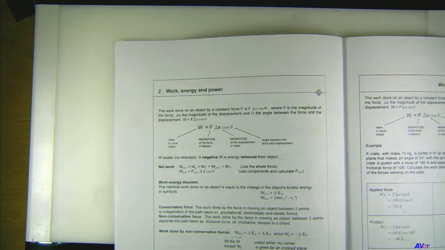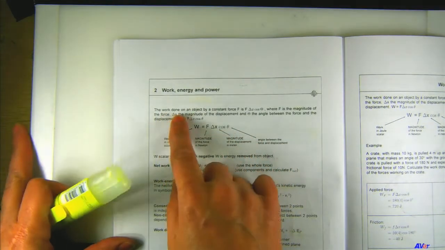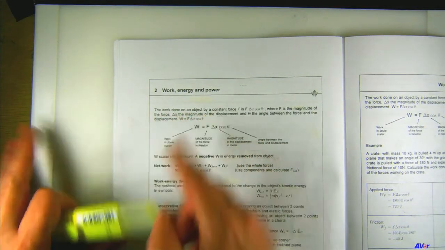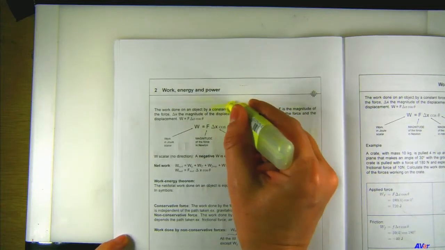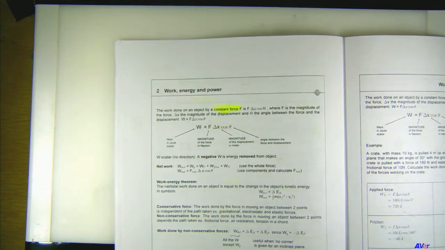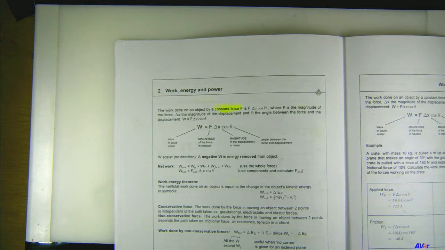Now, if you look at the definition there are some unexpected things in it. And when you learn a definition, go and look at the unexpected, because that's the thing that you're going to forget. So if you look at this one, it is the work done on an object by a constant force. Now, there you have constant force. That is a little bit unexpected.